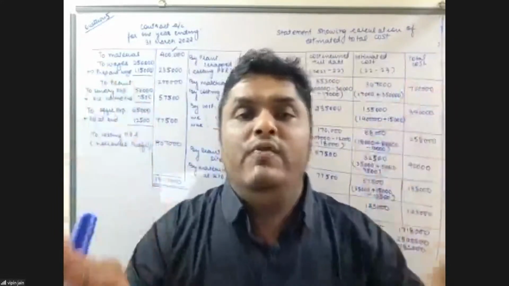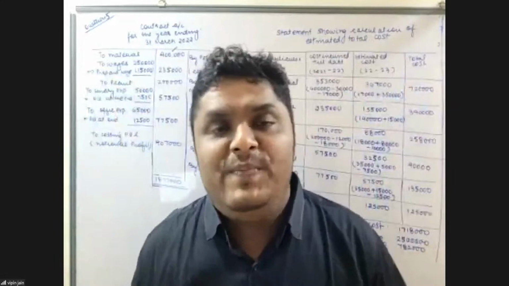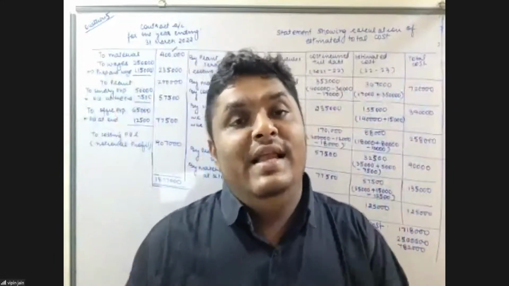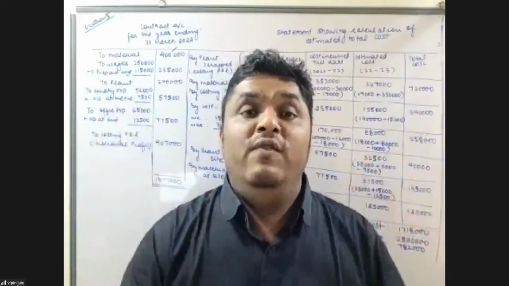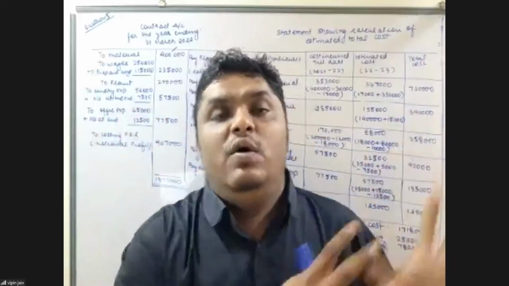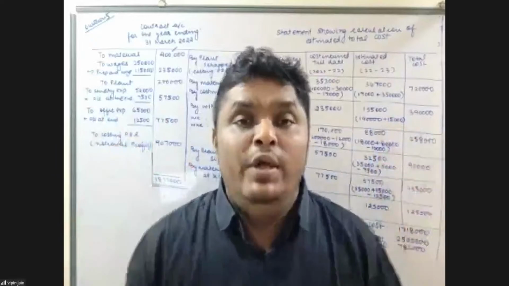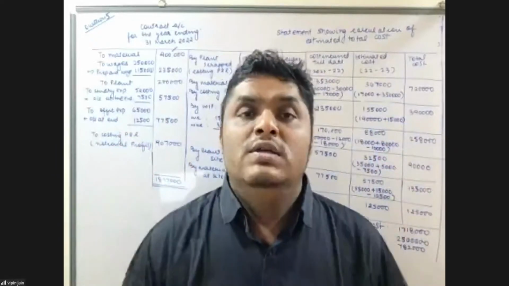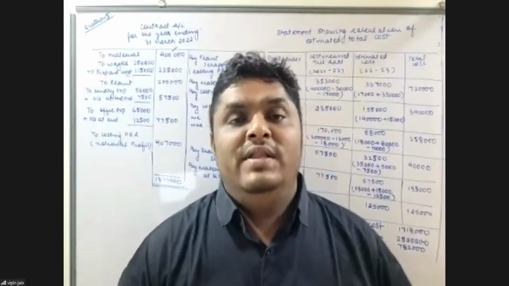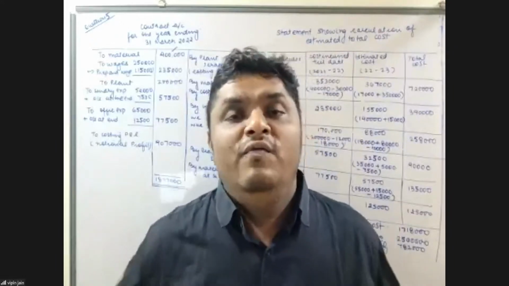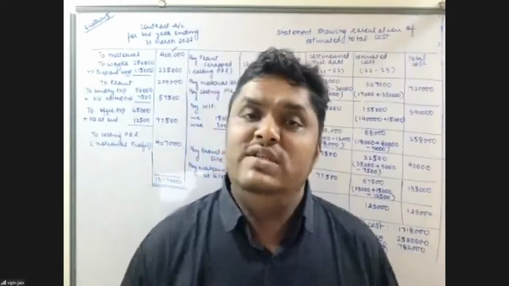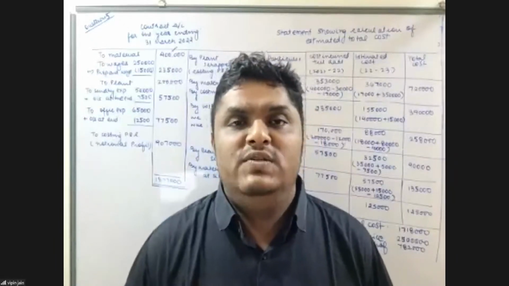If you solve all the questions of study material, past practice manual, and yes, the latest MTPs and RTPs, I assure you, you will get full marks, especially in contract costing, because nothing more than this can happen in contract costing. What I have discussed in this session is more than sufficient for you to solve all the questions of study material and past practice manual.